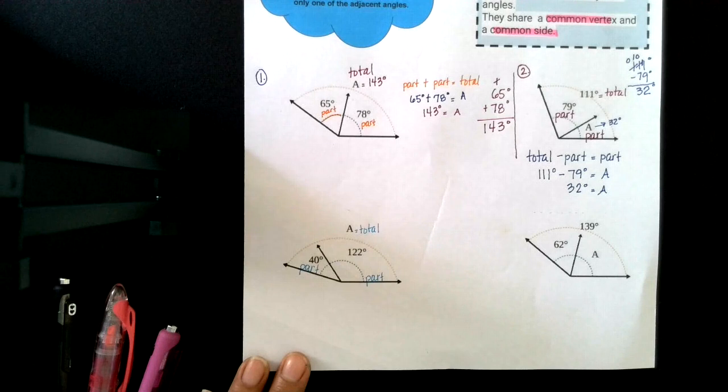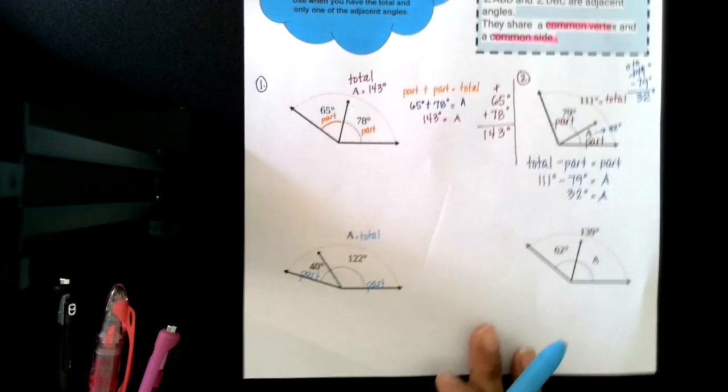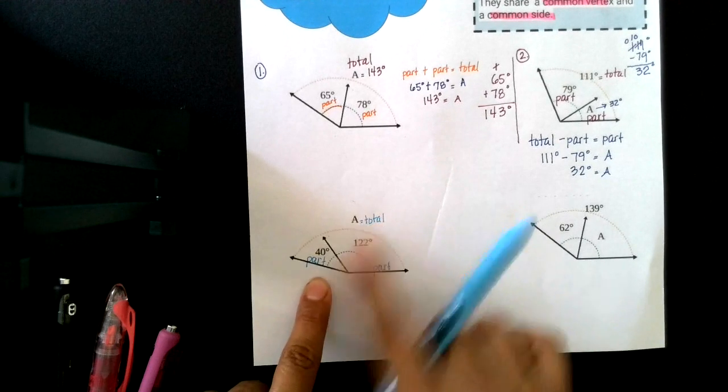We have an acute angle right there. Right here, this angle right here measures 122 degrees. We have an obtuse angle because it is greater than 90 degrees. And we're looking for the combined total.